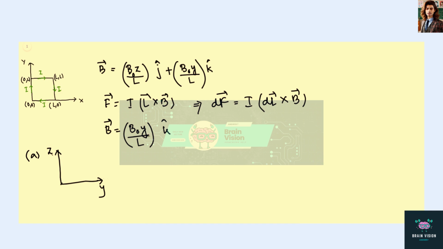And we see that the magnetic field B varies linearly with y. That means this is going to be like this.